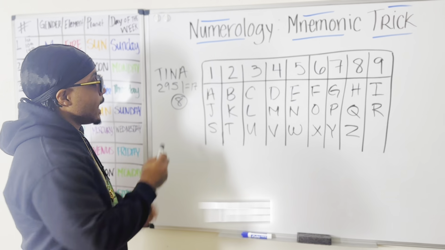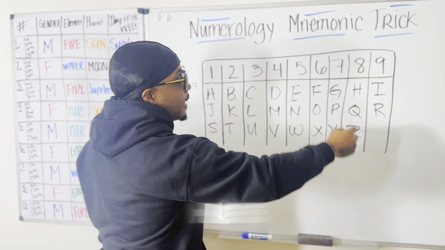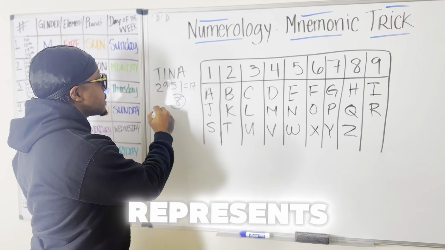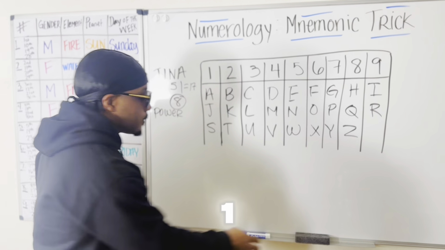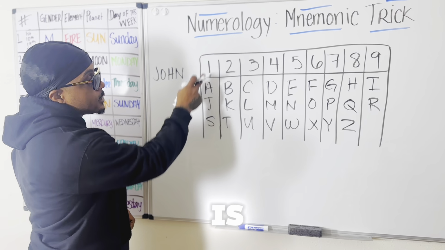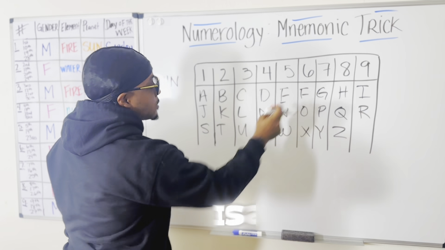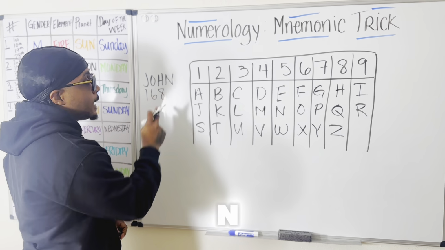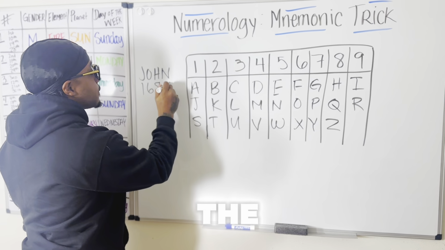Now, the 8 frequency, anybody that has the 8 frequency, that's power. So 8 represents power. Let's do another one. What if your name is John? J is in the 1 column, O is in the 6 column, H is in the 8 column, N is in the 5 column.